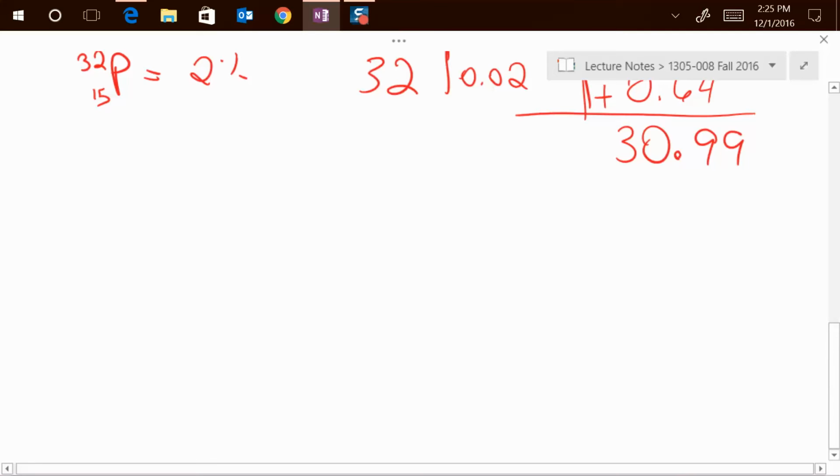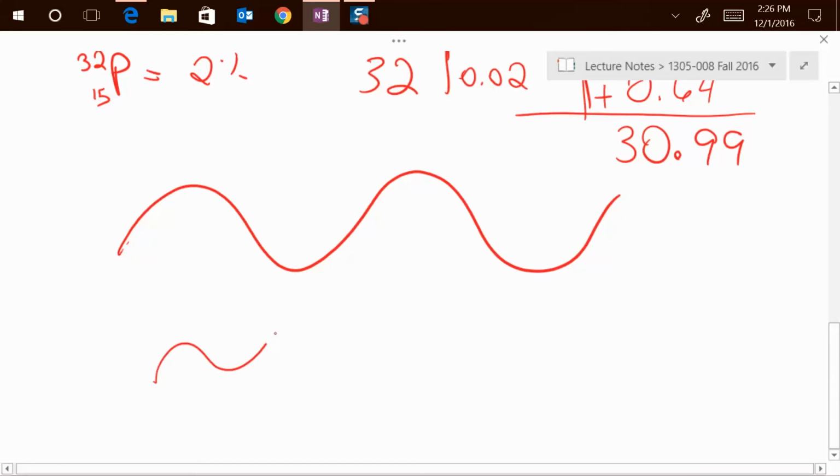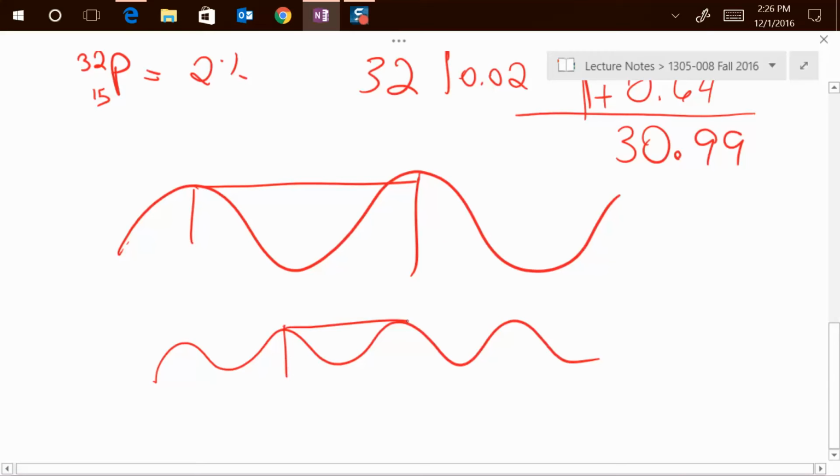You can look at the electromagnetic spectrum to identify radio, micro, infrared. You're not going to have a lot of questions about that. It's not a big part of the test. Now, wave properties. If I have this wave versus this wave, my wavelength is calculated from here to here, or from here to here. Waves travel at the exact same speed.